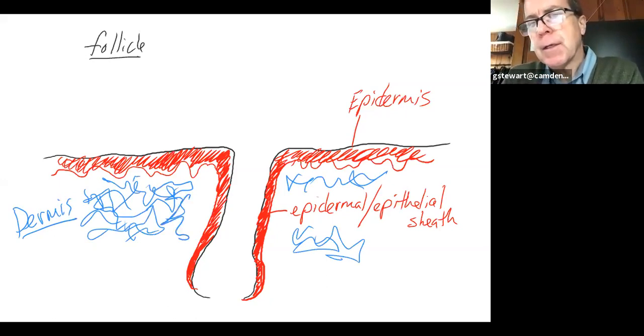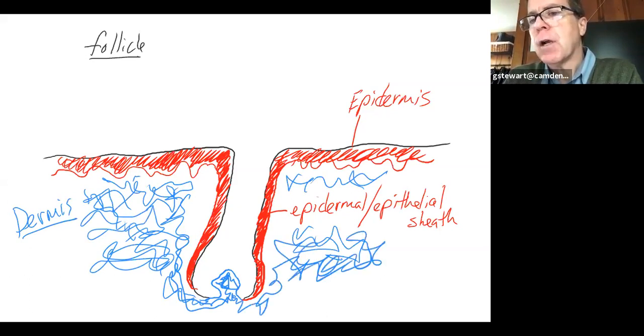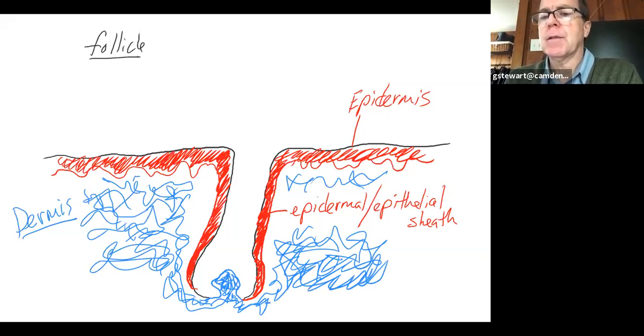Now the dermis does this, it's deep in the skin, and there's an area at the base of the follicle where dermal tissue sort of penetrates up into the base of the follicle like this. So I'm going to make that blue. And that little finger-like structure or thumb-like structure that's sticking up into the base of the follicle is called the dermal papilla. So I'll label that.